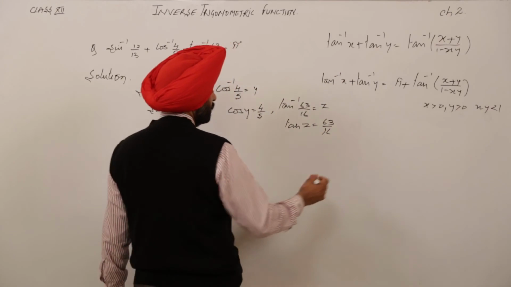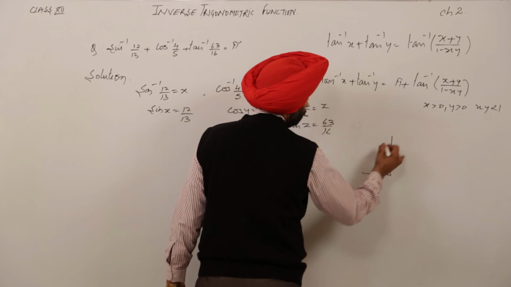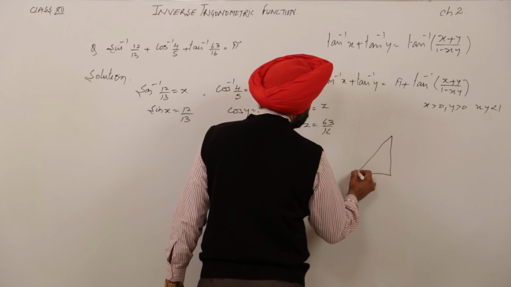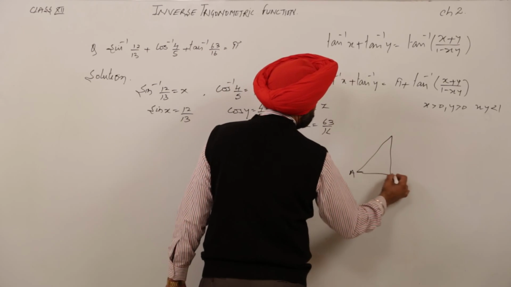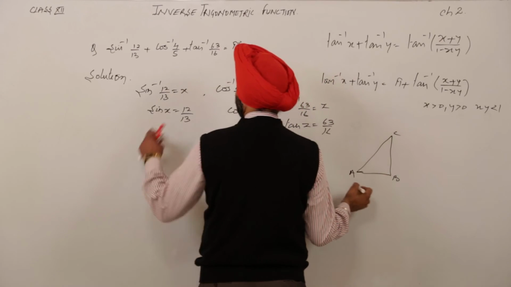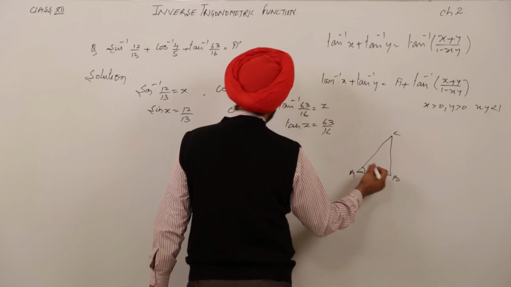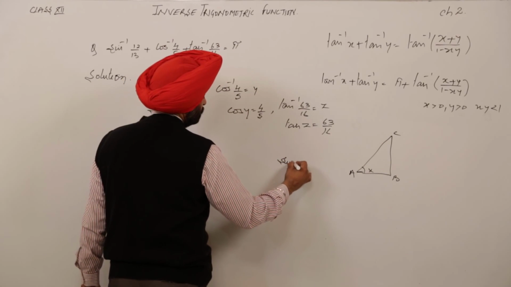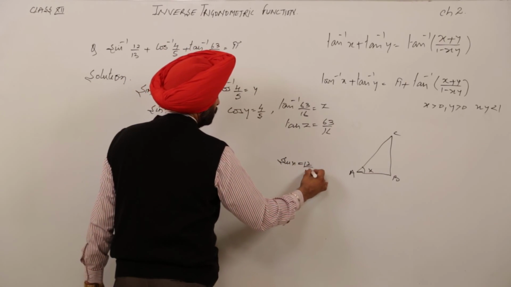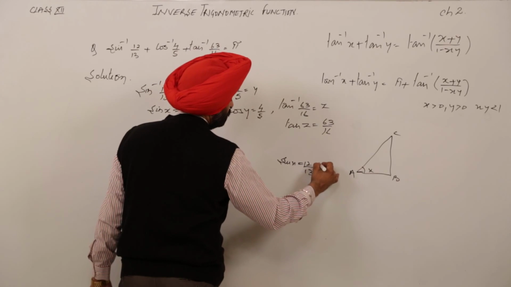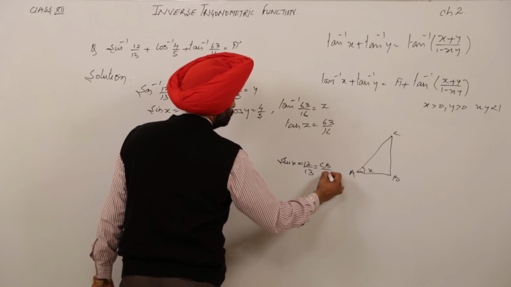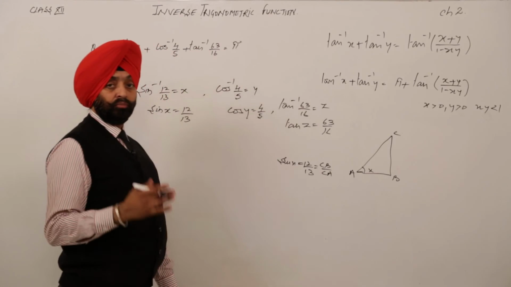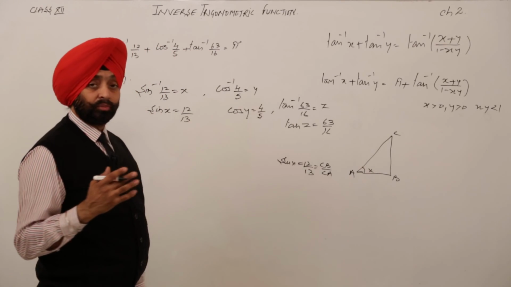So again by making a right angle triangle, for sin x, let this angle be x. It is given that sin x is 12 by 13, which is CB upon CA, perpendicular upon hypotenuse.